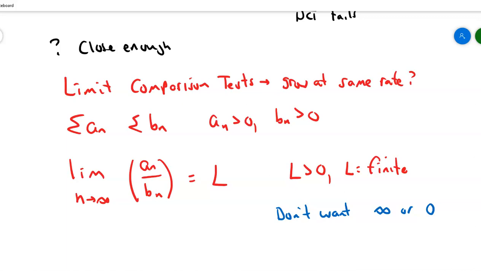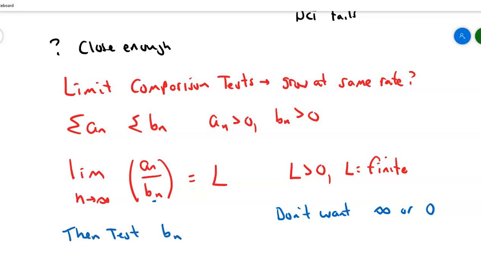Because if I get 0, that means the term on the bottom is growing faster than the one on the top. If I get infinity, that means the one on the top is growing faster than the one on the bottom. If I get something, and it could be 4/5, it could be 12,000, as long as it's positive and finite, then that means the two of them are growing at the same rate.